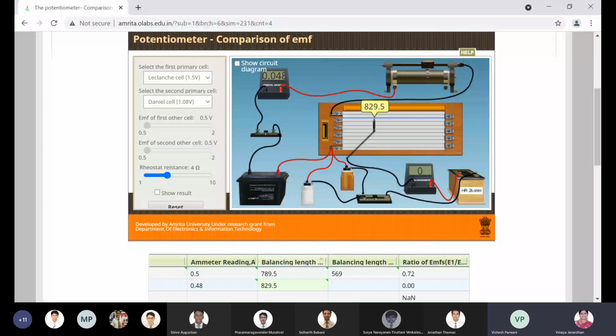Okay, Jonathan has. Jonathan, fine. I can find Jonathan's work. I can find Dheeraj's work. Those who have completed, neatly complete your other work. See, 20 of you are there. I have got only few.